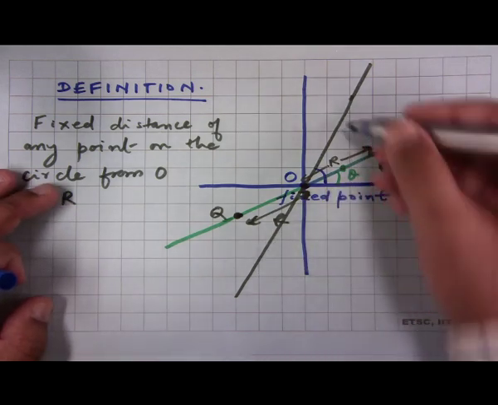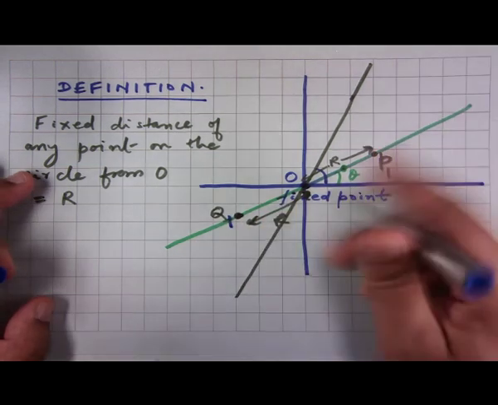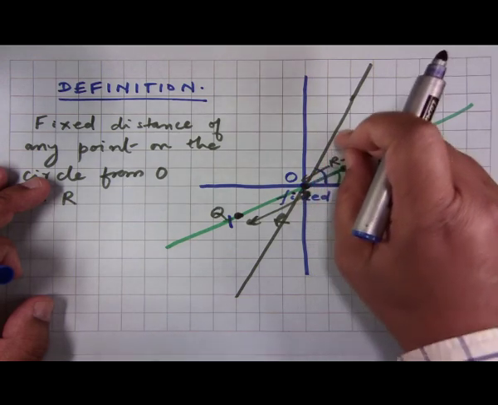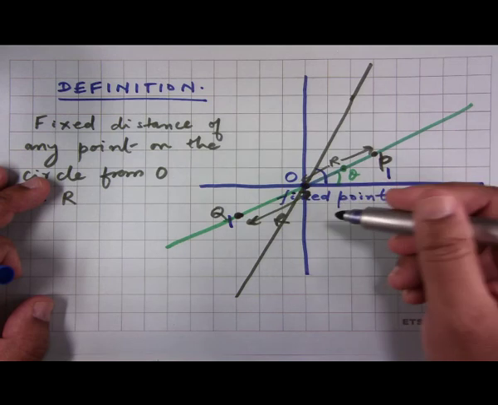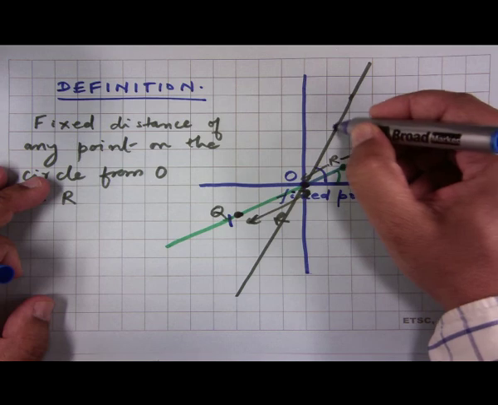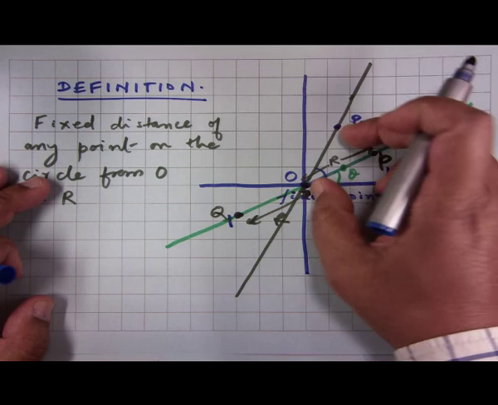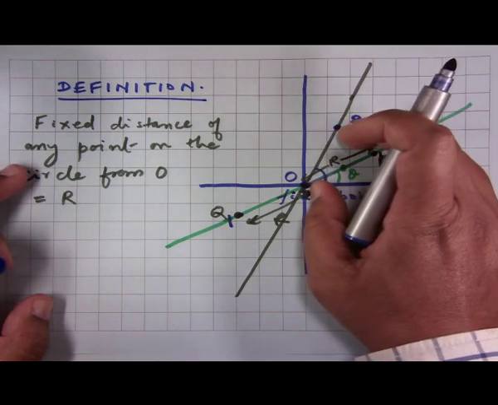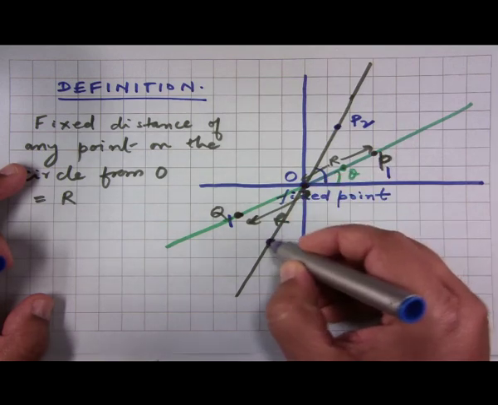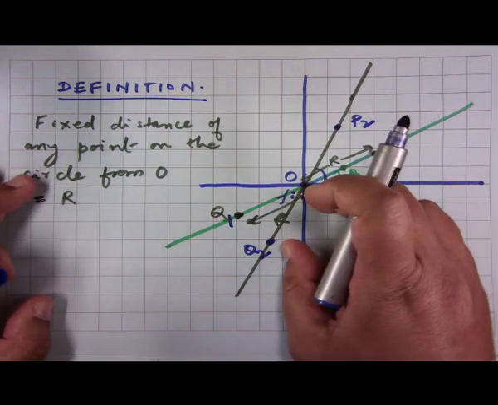I will call the points on the first line P1 and Q1, and then starting from O, if I go in this direction on the second line, there will exist some point, say P2, such that OP2 is equal to r, and similarly on this side we will get a point Q2 such that OQ2 is also r.